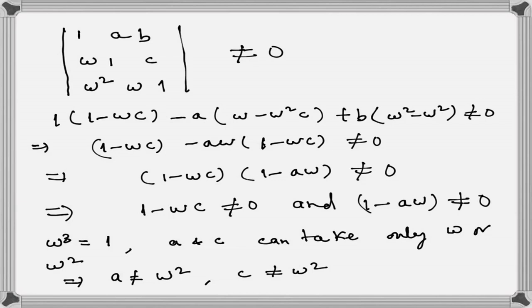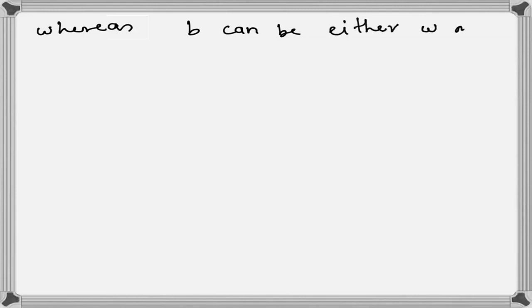So the only possibility is A is W and C is W. Now what can we say about B? B can be either W or W square.